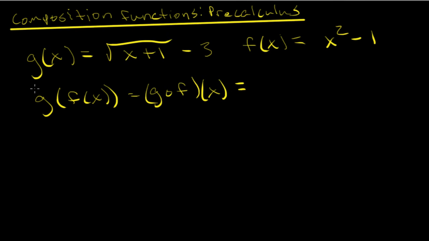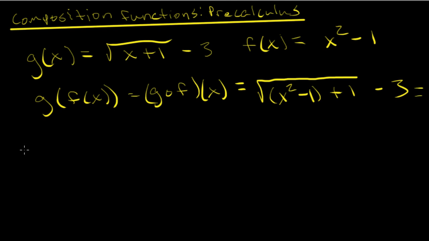So this one we would take our exterior function, our g, and we're going to replace every x with a parentheses. So we'll have the square root of parentheses plus 1 minus 3. And in this parentheses here, we're going to put f of x in there. So we have x squared minus 1.